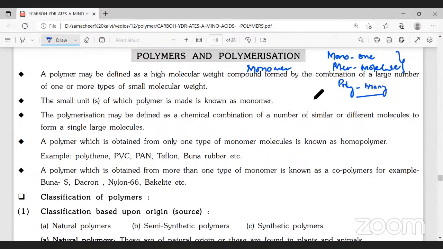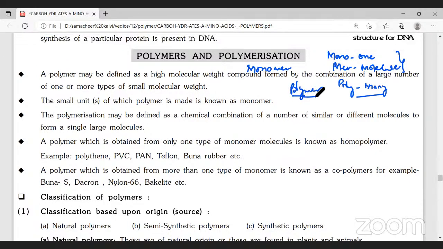Now, polymer means many molecules. These polymers are formed by the combination of many monomers. So if I take n number of monomers and they combine, we get a polymer.